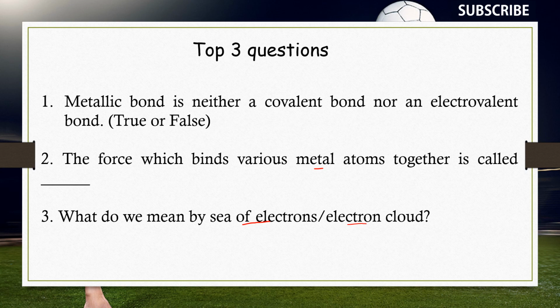Try and find out what we mean by sea of electrons. At least one thing I'm certain, in my previous page, I somehow had it in one of the images as sea of electrons. It was present right in front of our eyes. So what do we mean by sea of electrons or electron cloud in regard to metallic bonding?